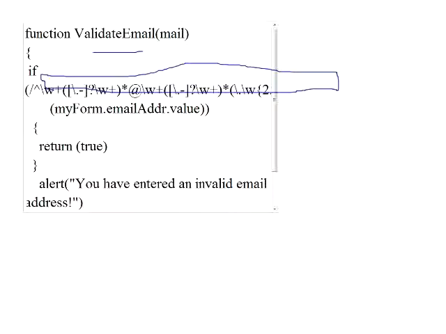You can put your regular expression directly, or you can make a variable, put your regular expression inside it, and then call the test method. It gets the regular expression, calls the test method, and tests it against some value read from the page. If it passes, it returns true. Otherwise, else, it alerts the user with a message, you have entered invalid email address, and returns false.